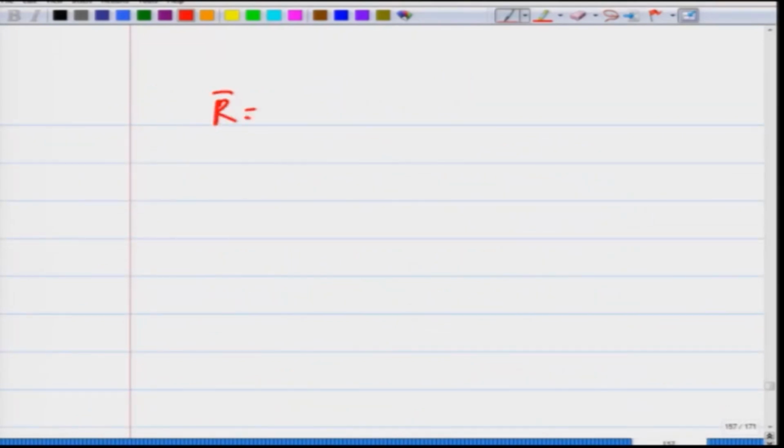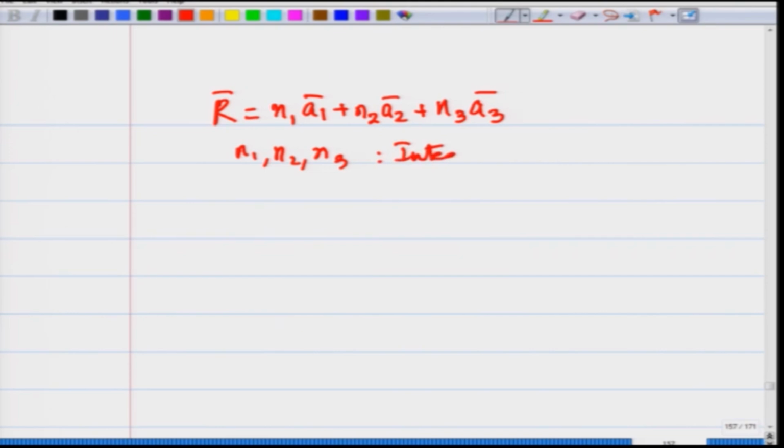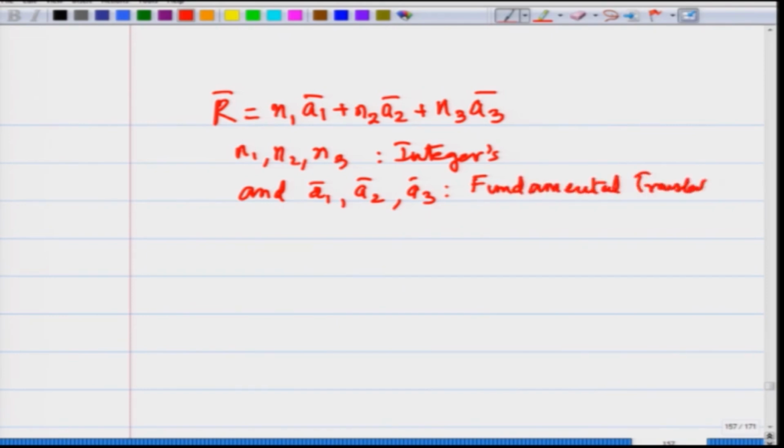The translation vector is n1 a1 plus n2 a2 plus n3 a3, where n1, n2, n3 are integers and a1, a2, a3 are the fundamental translation vectors of the lattice.